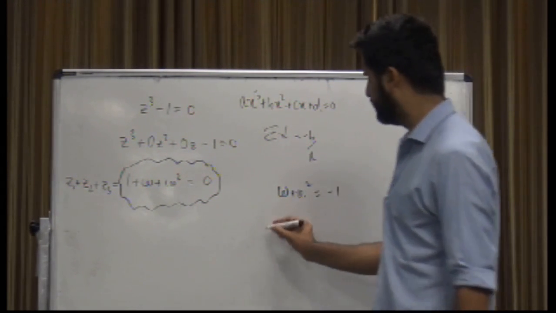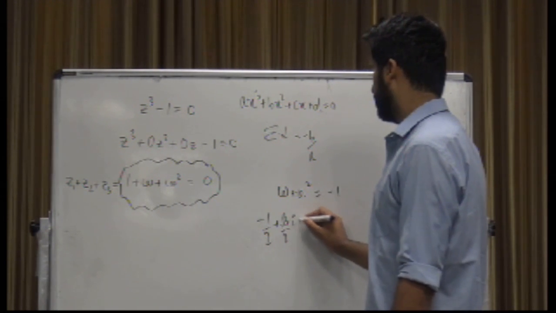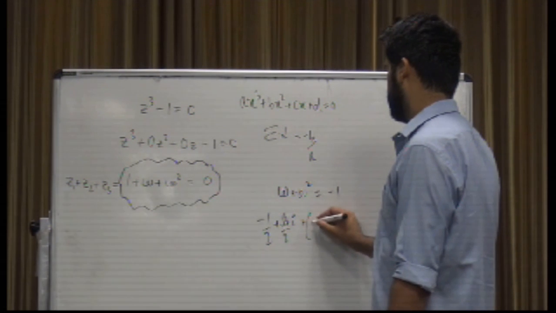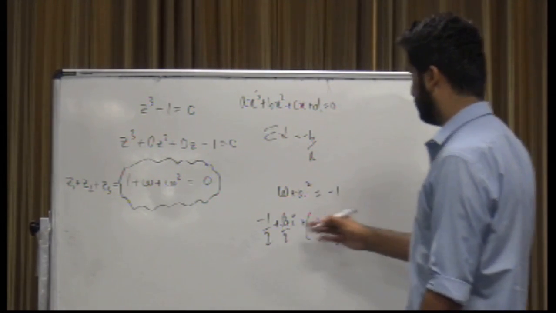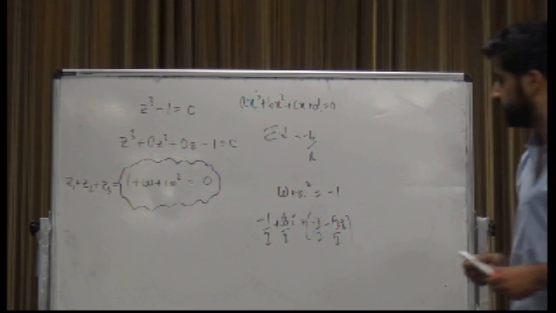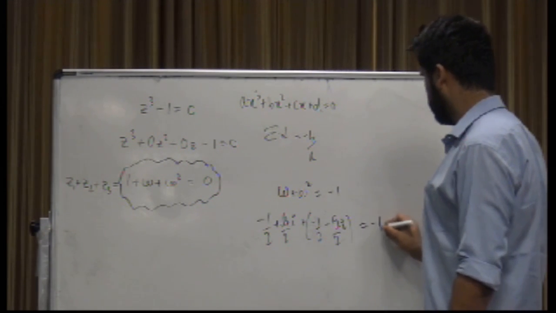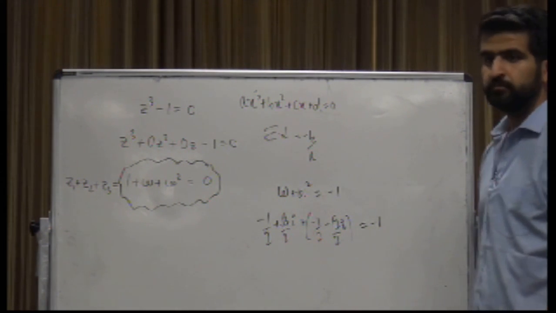This can also be proved. Omega is minus half plus root 3 iota by 2, and the other one is minus half minus root 3 iota by 2. If you add these two, you will get minus 1. Got this?